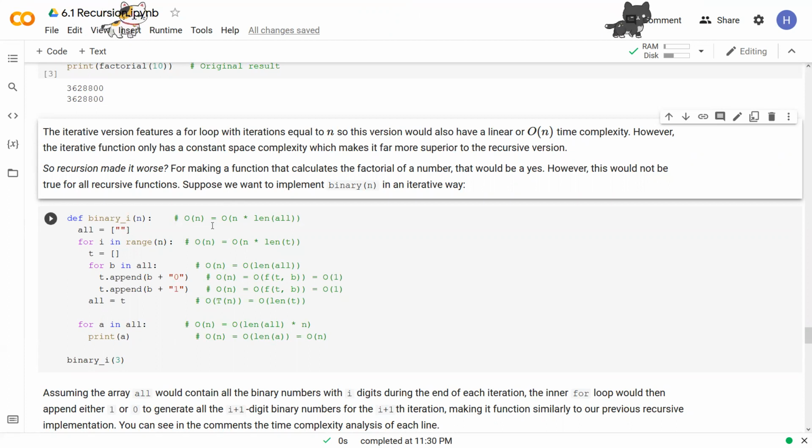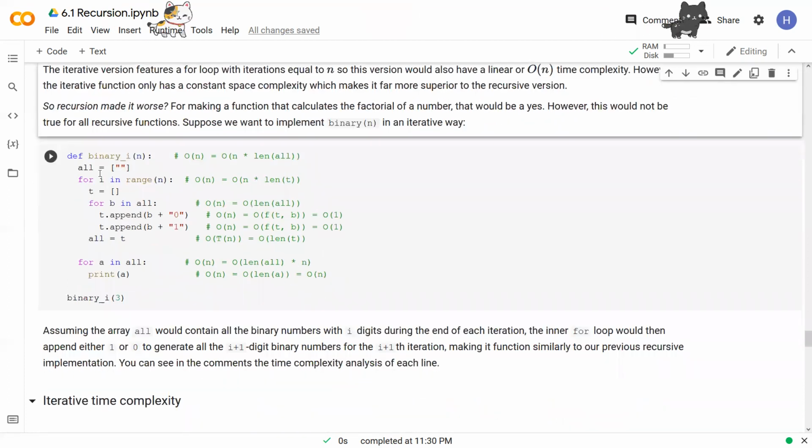So dito sa iterative version, gumagamit tayo ng temporary na storage na all wherein doon natin sinostore yung ating mga i-digit binary numbers. So, for example, for the first iteration dito sa list na to, magsa-start si, let's write it down.